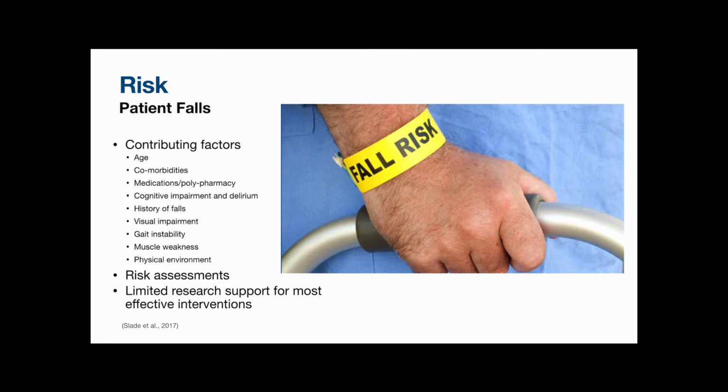So therefore, because there is such a large range of factors that can cause a person to fall, it is imperative that we're performing accurate risk assessments on these patients to be able to implement effective strategies and interventions in order to prevent them.